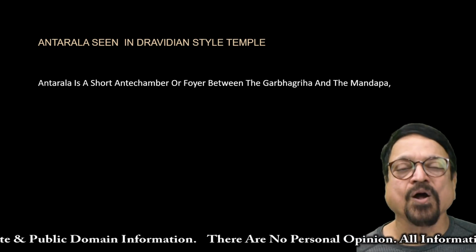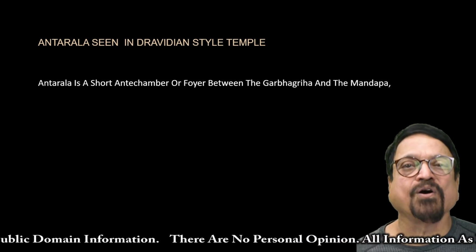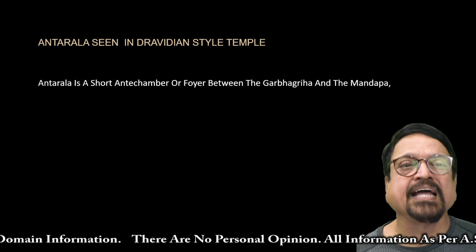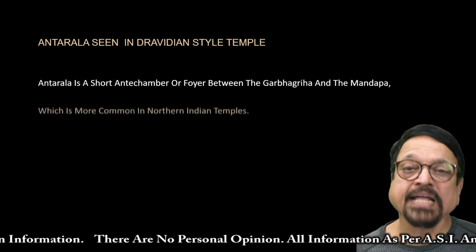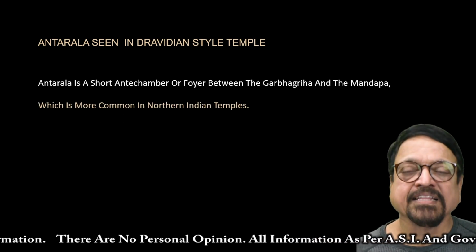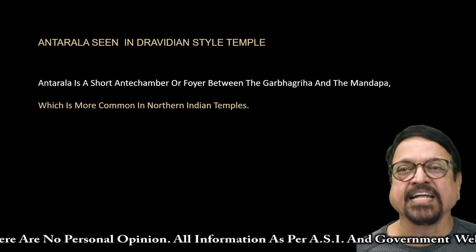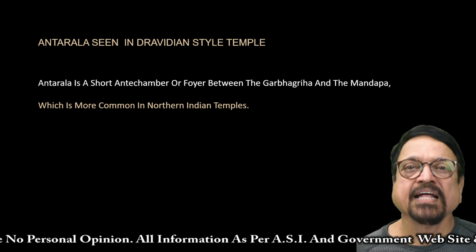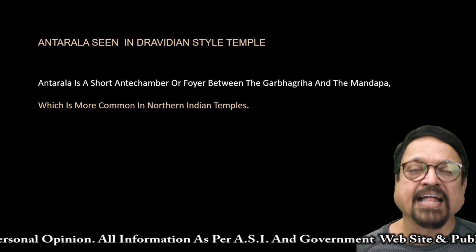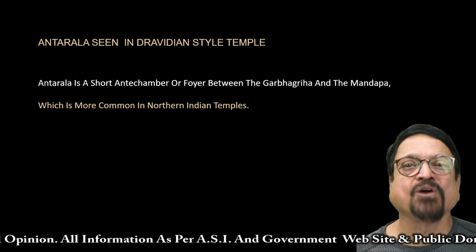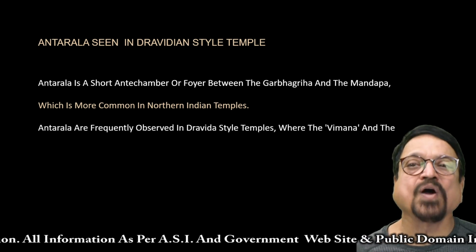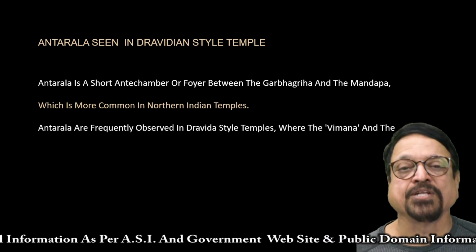Antarala is a short antechamber or foyer between the Garbhagriha and a Mandapam. Usually in the Dravidian style of temple, there will be a projection arising from the Vimana, that is Shukanasi, which is more common. Now, what is more common? Antarala is more common in North Indian temples, but also adapted in almost all the temples all over.